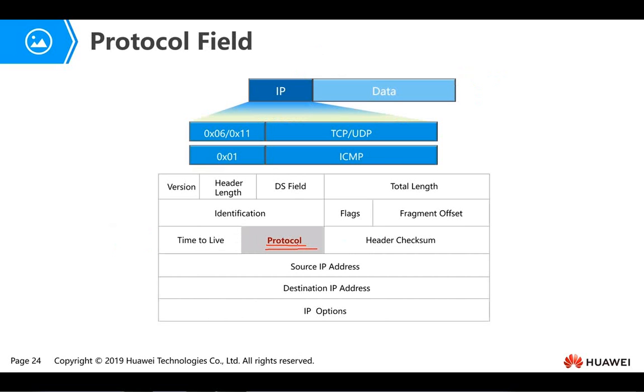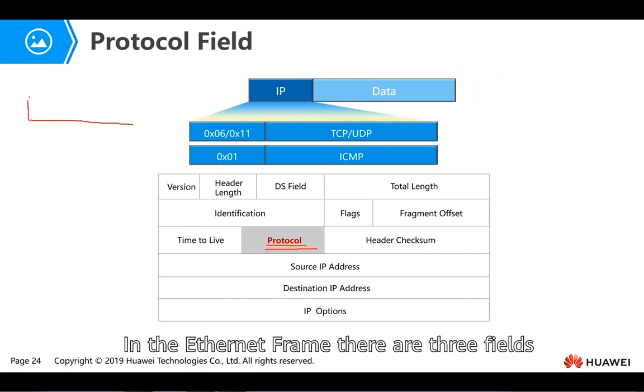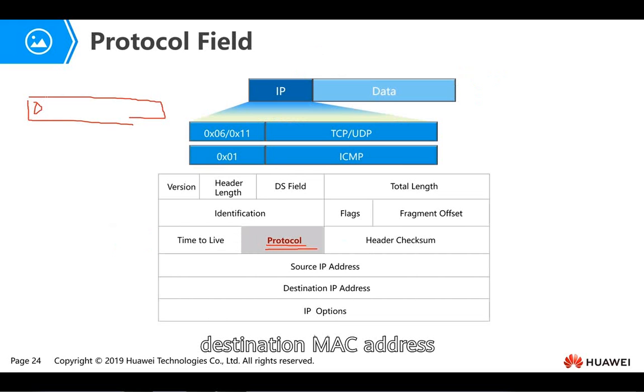The protocol field is just like in the Ethernet frame. In the Ethernet frame, there are three fields: destination MAC address, source MAC address, and then the type. The type is used to figure out what protocol is carried in the data part.